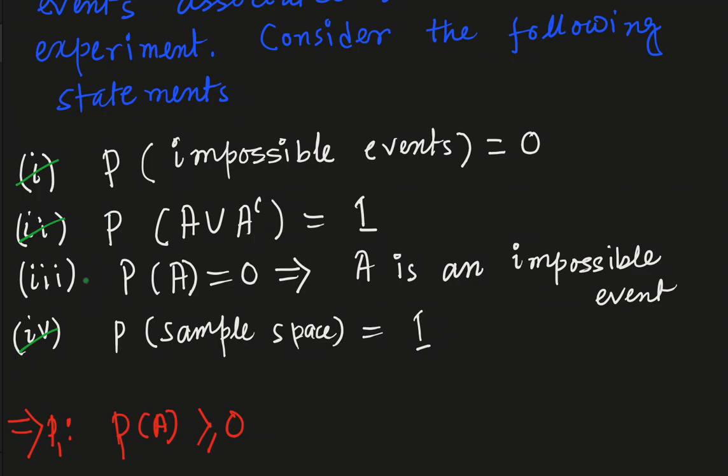Here the third means that the probability of that event A is 0.